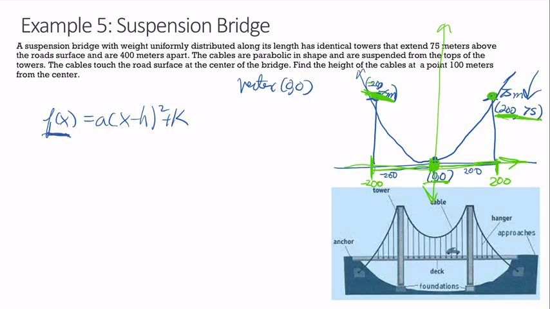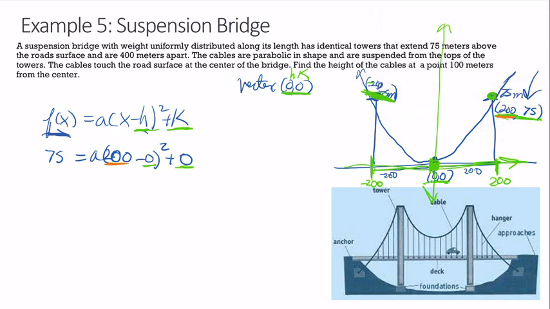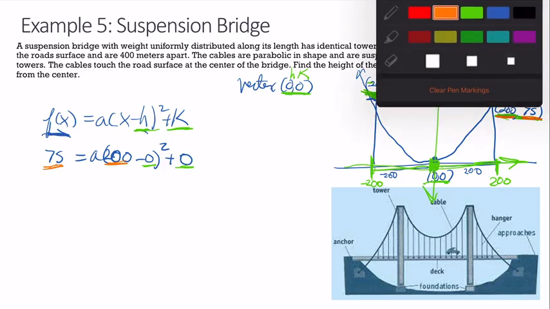So I have f of x, that's my y, so 75 is a times my x, which would be 200, minus 0 squared plus 0. So I plugged in my h and my k, which were 0, 0. Our vertex is always h, k. And then I plugged in my x value of 200 and my y value of 75. And then I would solve this.